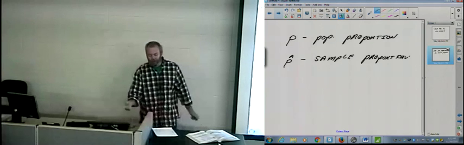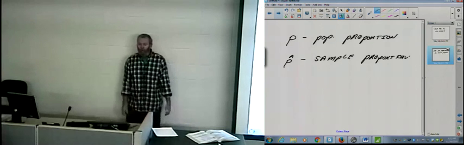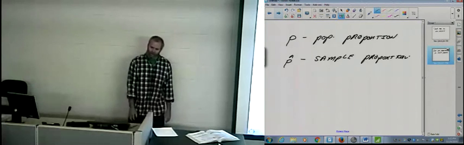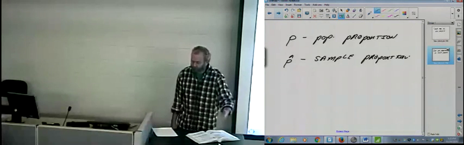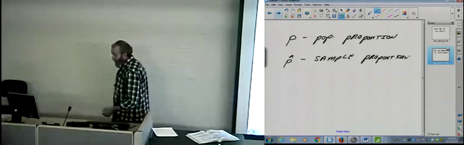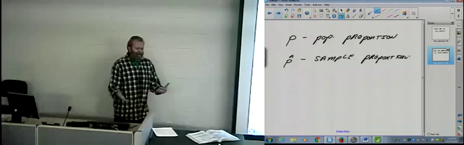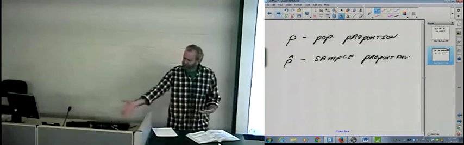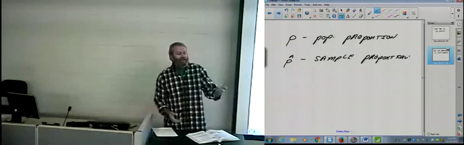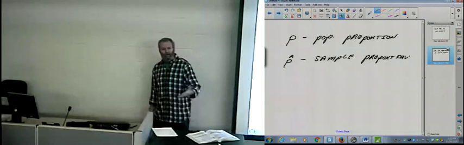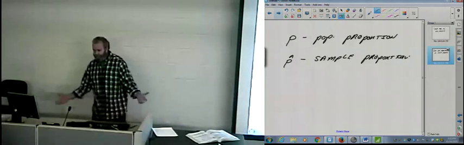So the little game we want to play here is we want to use p hat to estimate p, just like I wanted to use x bar to estimate mu. All right? I want to use p hat to talk about evidence against some claim about your population proportion, your parameter. So the mu has now become a p, and the x bar has become a p hat. Okay?